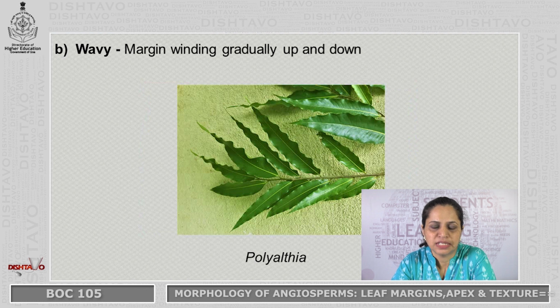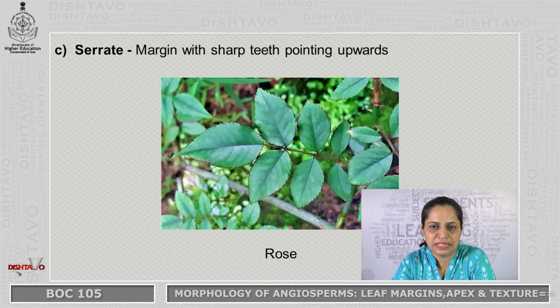When the leaf margin is winding gradually up and down, it is termed as wavy. An example is polyalthia leaves. When the leaf margin shows the presence of sharp teeth which are pointing upwards towards the apex, it is termed as serrate, as seen in rose plants.